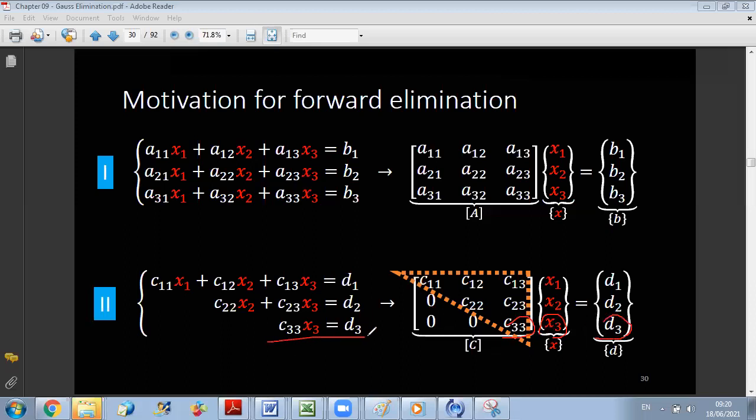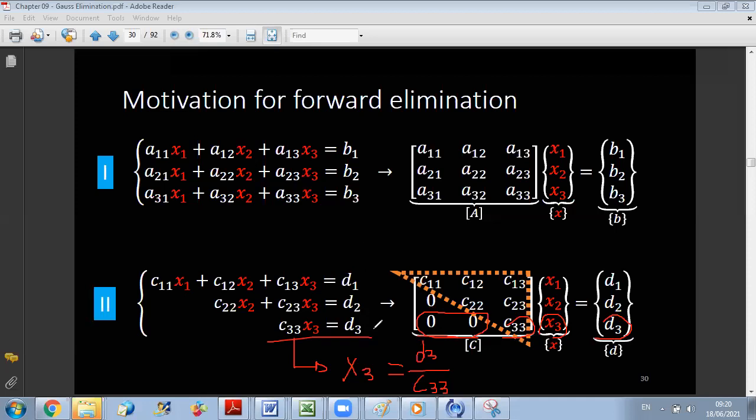This equation is very straightforward. I can deduce from it that x3 is equal to d3 over c33. So this is the advantage of having an upper triangular matrix. In this way, you can solve.